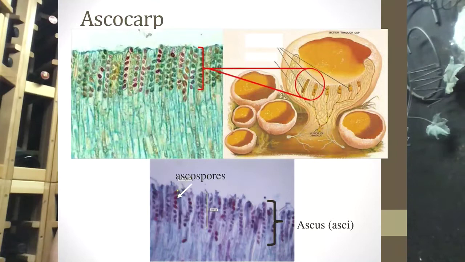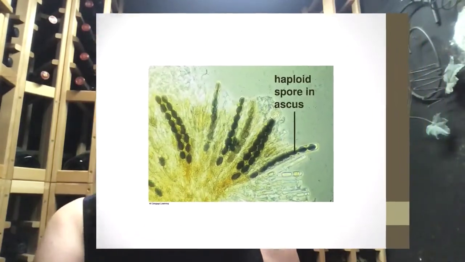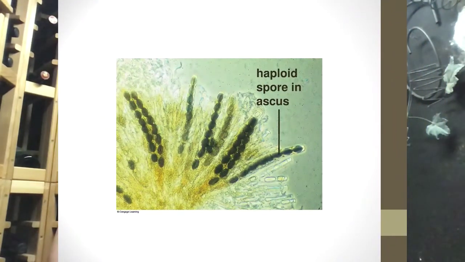That's an ascus, and within the sac are ascospores. All those little circles you see inside are the haploid ascospores. And here's another close-up of the spores inside of a single ascus, so there are many asci there.